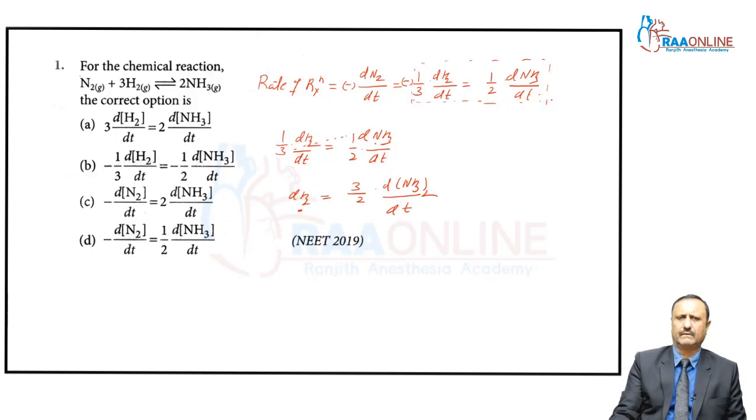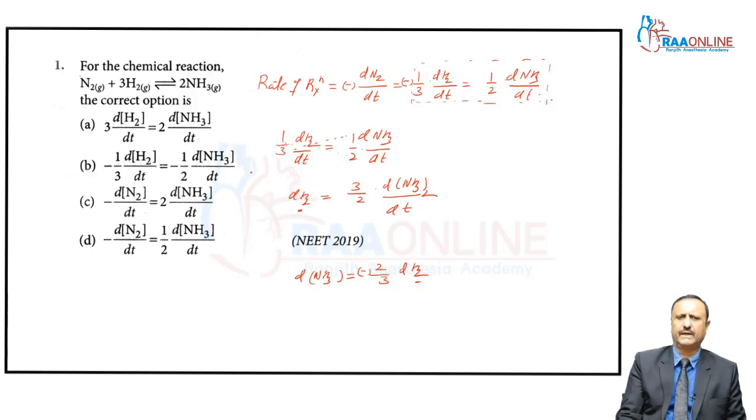When we take the concentration of ammonia, then 2 goes to the upper side, so you can calculate the concentration of ammonia, that is dNH3 equal to 2 by 3 dH2. But the negative sign is placed because hydrogen is present on the reactant side. So you can see where the answer is. Here you cannot see the correct relation between hydrogen and ammonia.